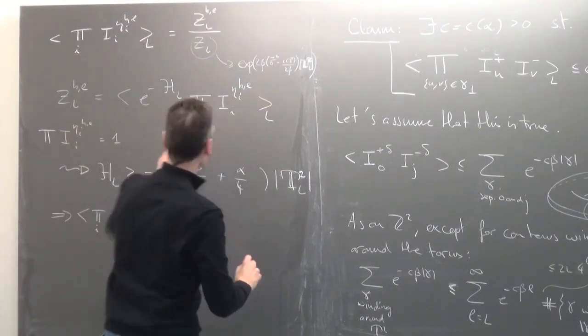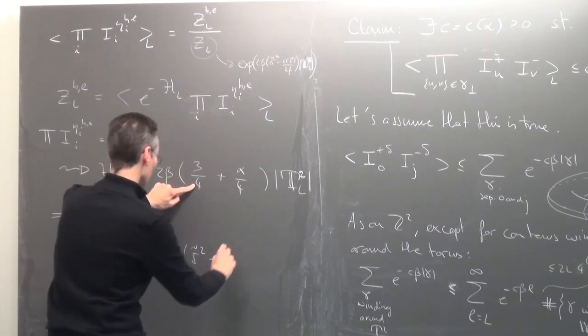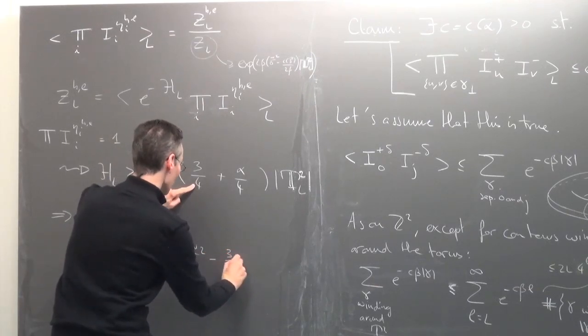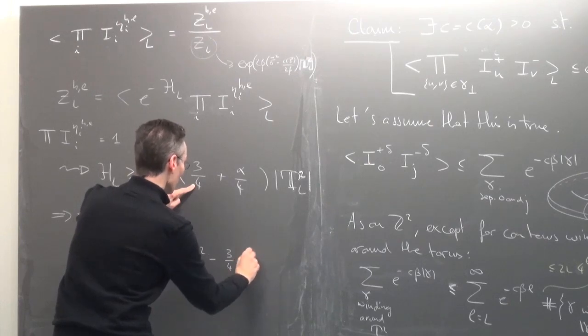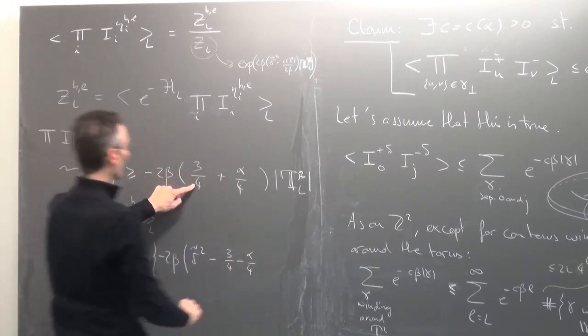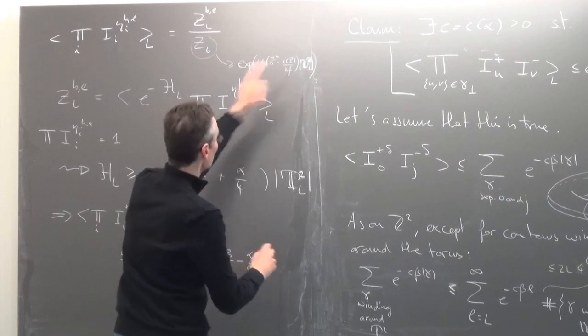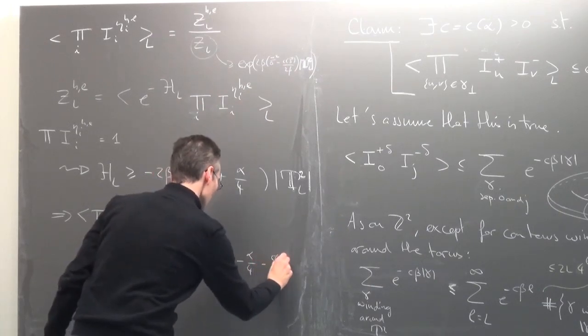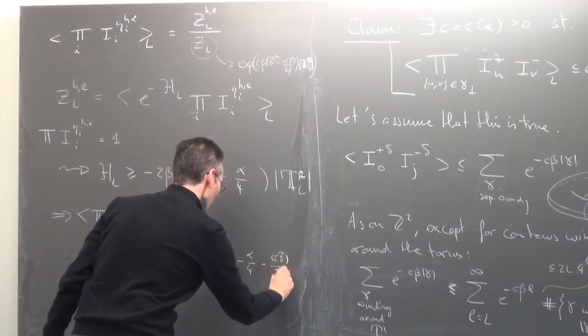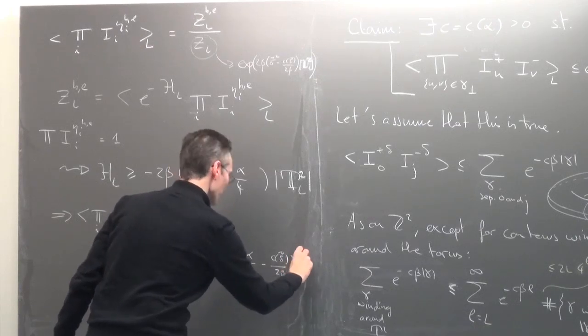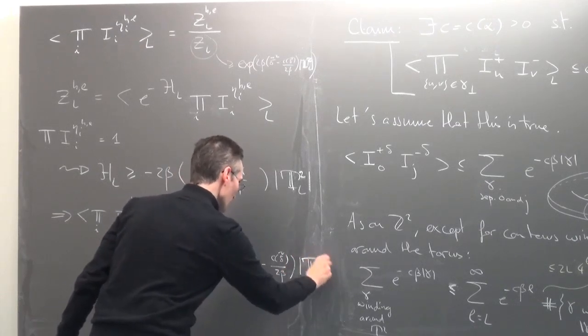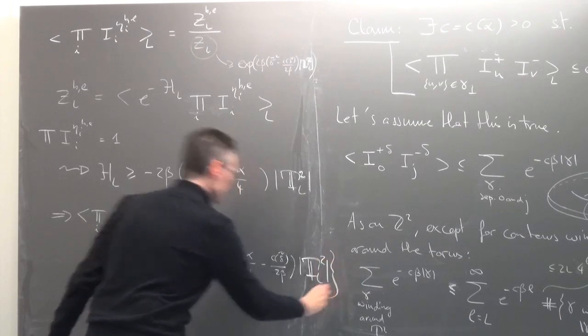Then you get minus 3/4, minus alpha over 4. And then you get still the C delta tilde over 2 beta, something like that, on the side of the torus.